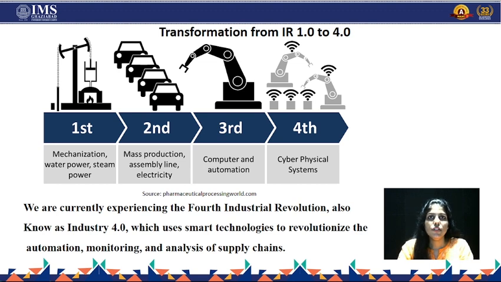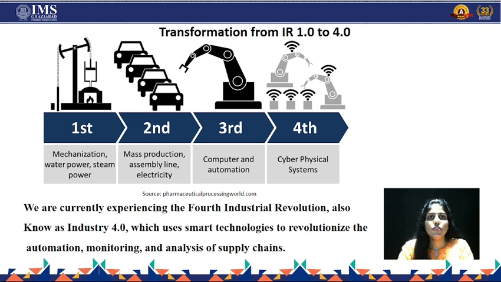After the evolution of 2.0, in 3.0, computers and automation emerged. All the tasks and activities were generally managed by computer based systems, where the data is stored, managed and circulated among the organization based on departmental requirements.